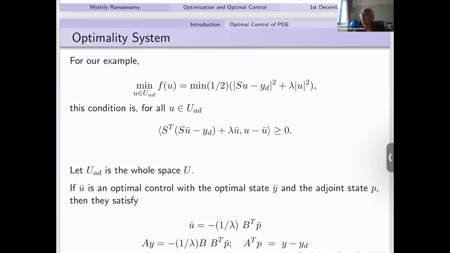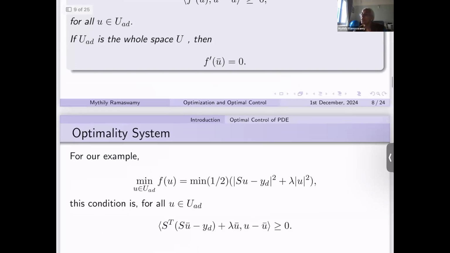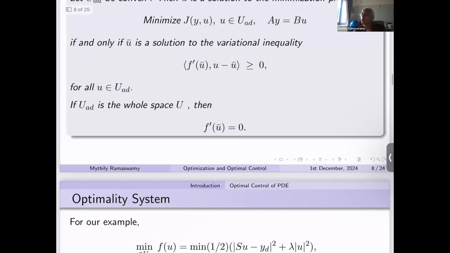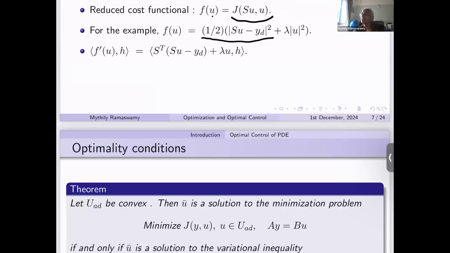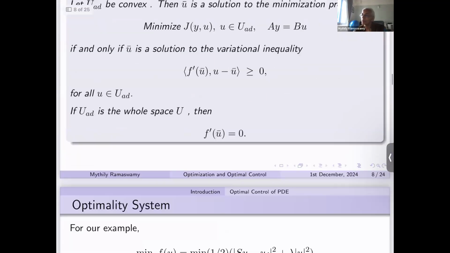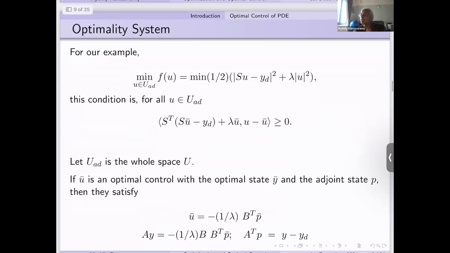F prime u acting on u minus u bar is greater than or equal to 0. So I have substituted the derivative that we computed here. That F prime u is S transpose acting on Su minus yd plus lambda u. So that is what I have to substitute here. So this acting on u minus u bar is always greater than or equal to zero, so this variational inequality is satisfied.